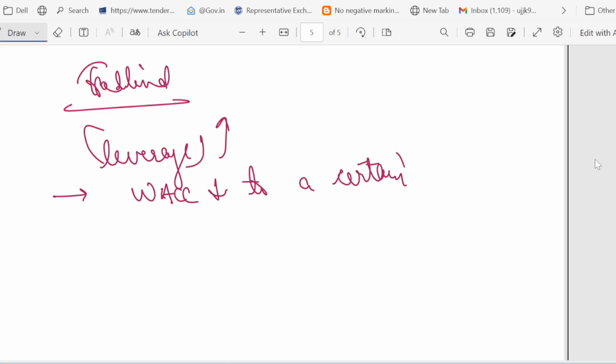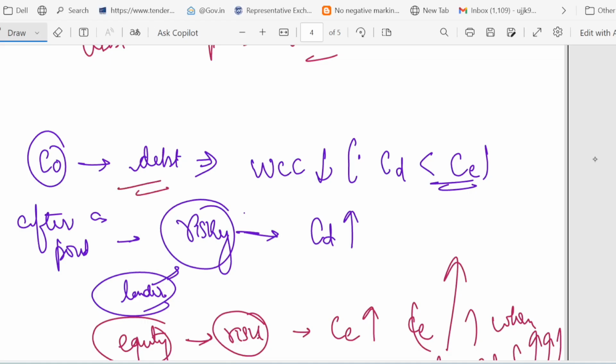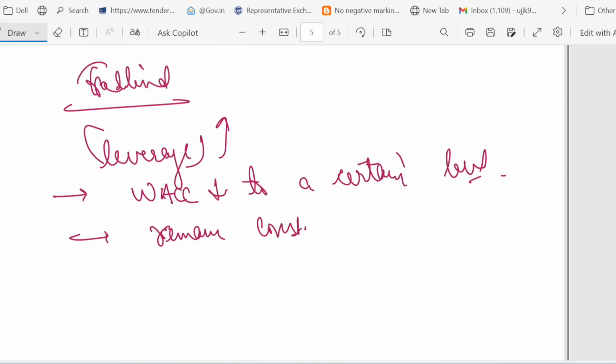WACC initially decreases to a certain level, then remains constant for some time, just like we have seen. Early on, when debt was increased, WACC decreased. Then after a certain point, since it is viewed as risky by both the lender as well as the equity investor, it starts rising again. WACC, the weighted average cost of capital, increases again.